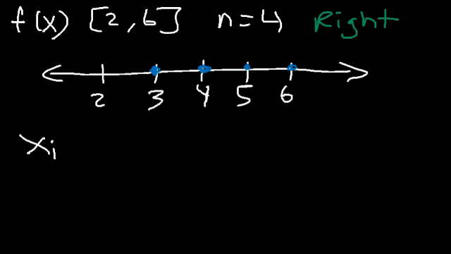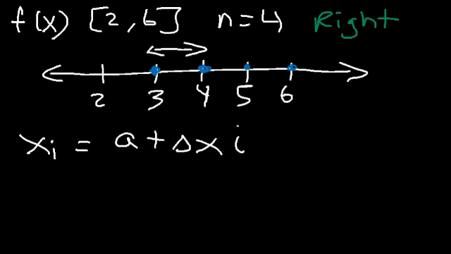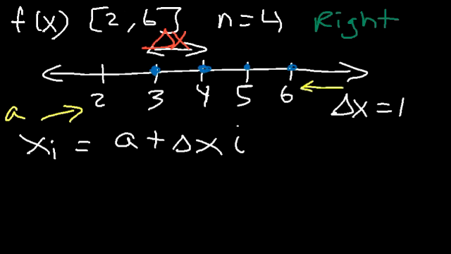So the general equation is x sub I equals a plus delta x times I. And keep in mind, delta x is the width of the interval, which is 1. And a is basically this number. A is the first point on the interval. A is 2, and b is 6.